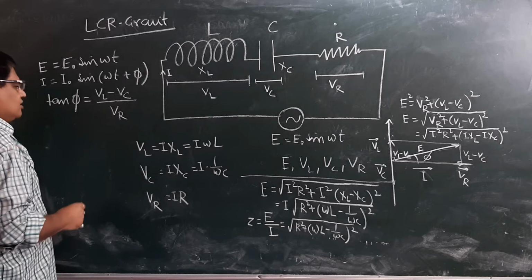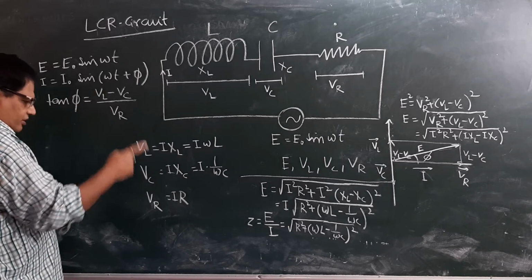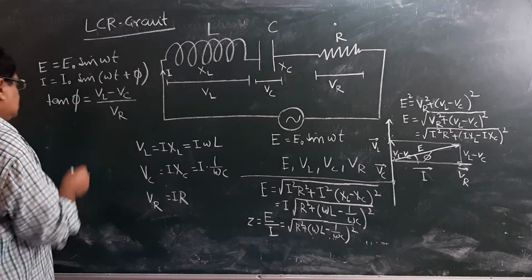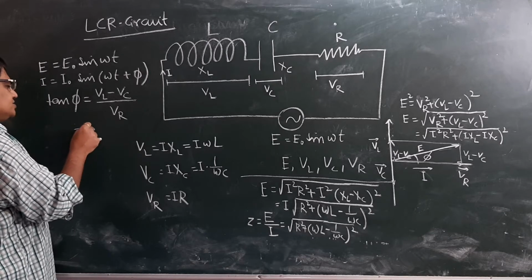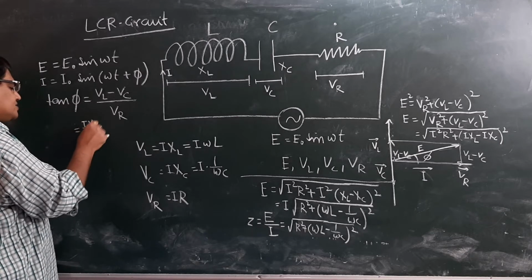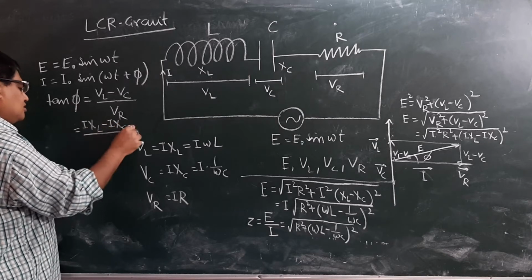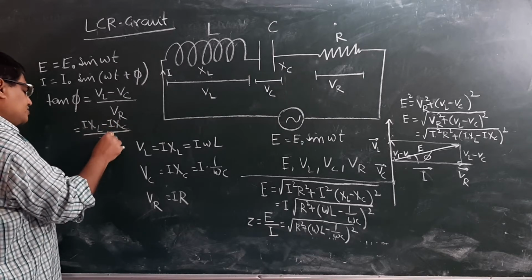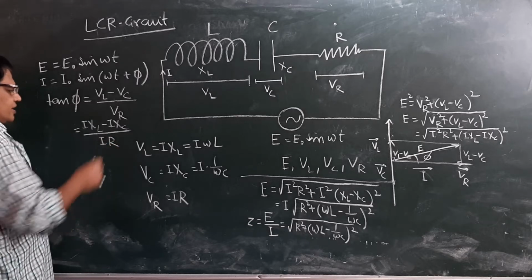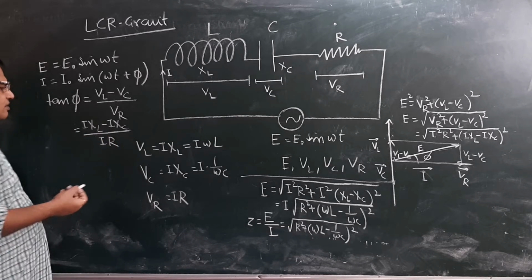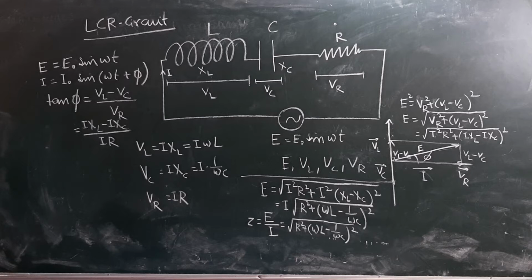Now putting the value of VL, VC and VR from these expressions, we can write tan phi is equal to I multiplied by XL minus I multiplied by XC divided by I into R. So here I can be taken out to be common and we can cancel it out.